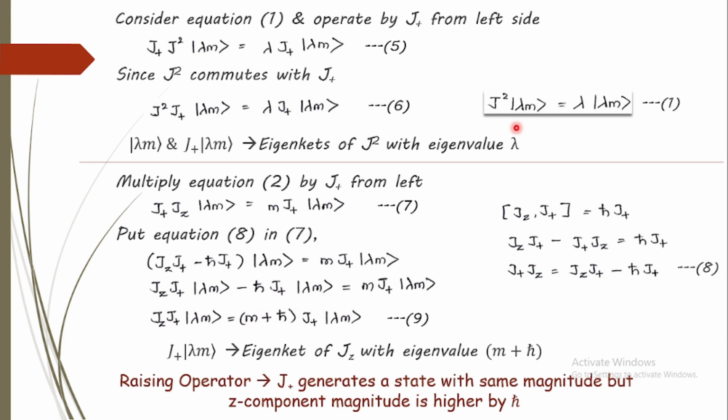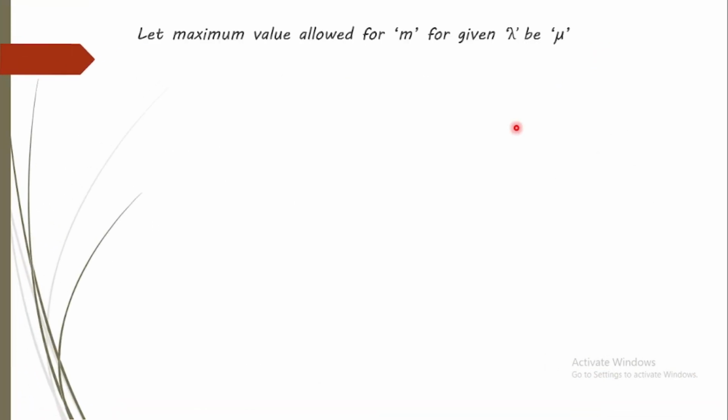The main condition for validity is that lambda should be greater than or equal to m square. So there should be some limitation, and let us say the maximum value allowed for m, for a given value of lambda without violating equation number 4, be mu.